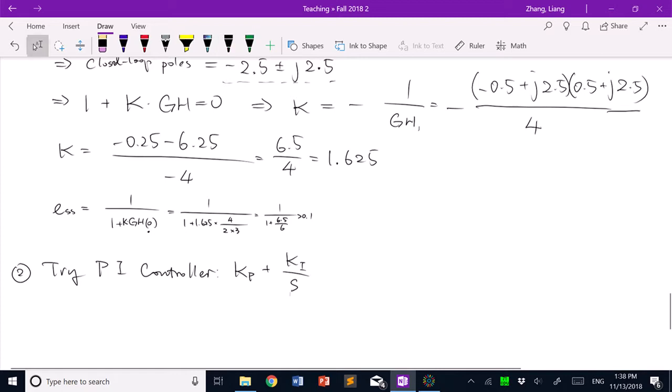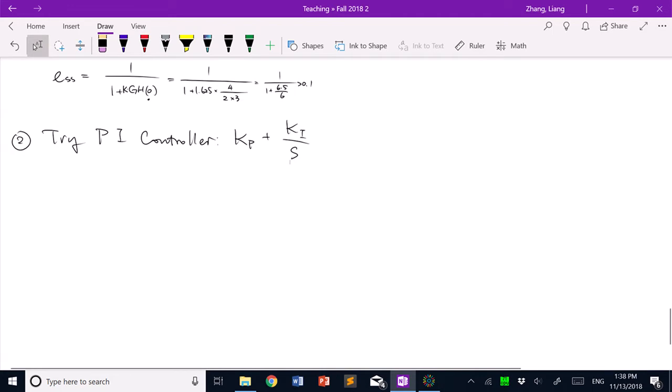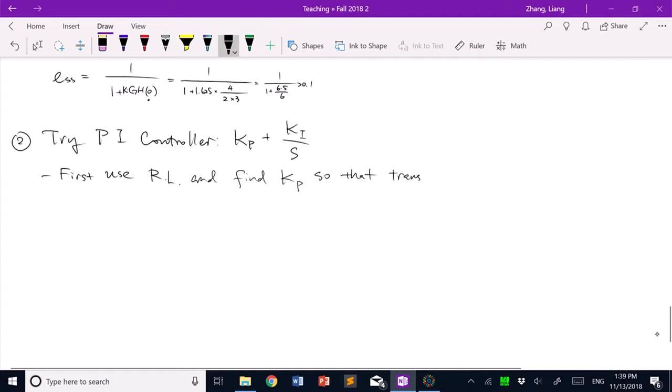So the typical approach that control engineers or designers usually take is as follows. Well, we divide and conquer. We first use root locus to find the parameter of the P control, so that the transient specs are met.